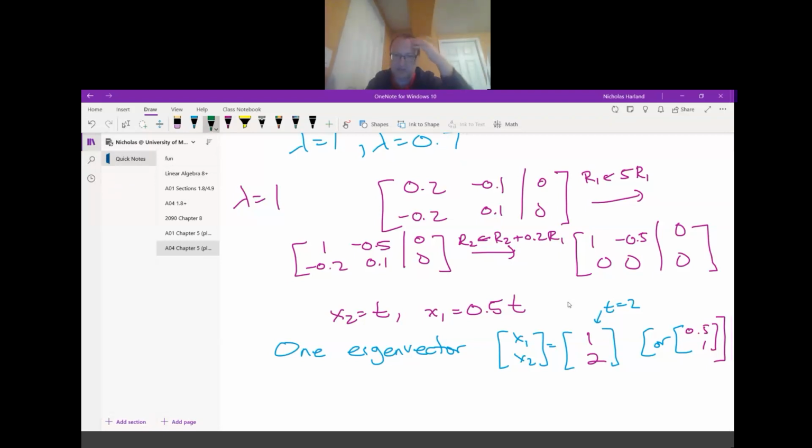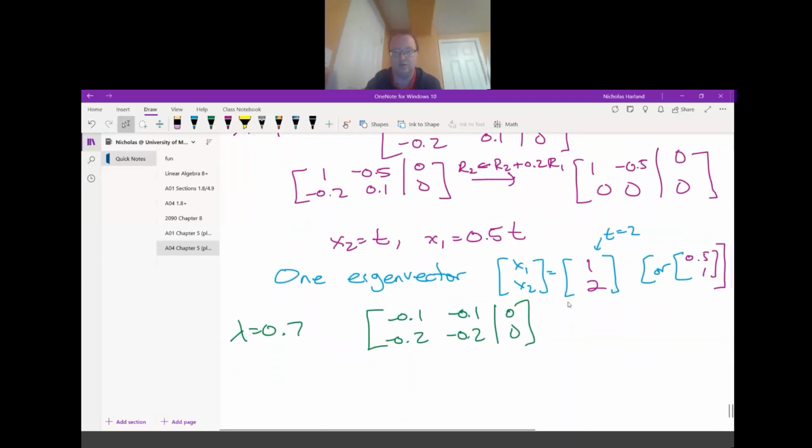That gives us our first thing of P. Lambda equals 0.7. Plug that in, we get negative 0.1, negative 0.1, negative 0.2, negative 0.2, 0, 0. So row 1 divided by negative 0.1, row 2 plus 0.2 row 1, and we get 1, 1, 0, 0.